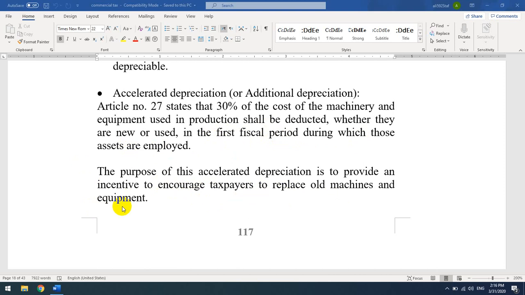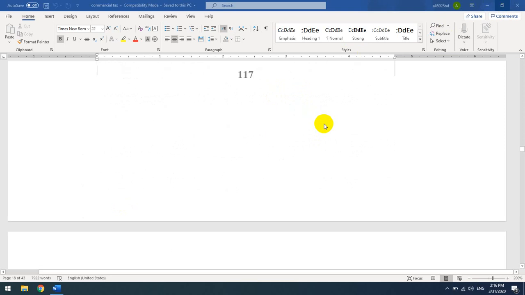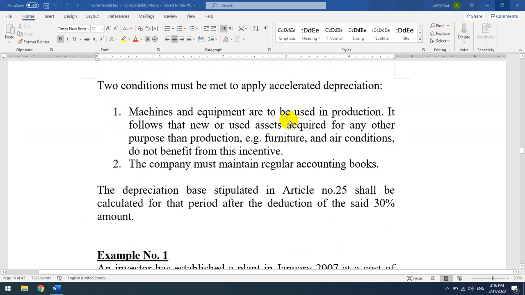Take care. The accelerated depreciation is an incentive to encourage taxpayers to replace all the machines and equipment. So take care about this item. But for this accelerated depreciation to be applied, two conditions must be met.